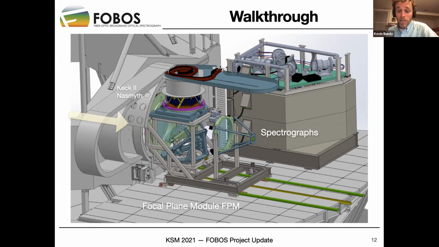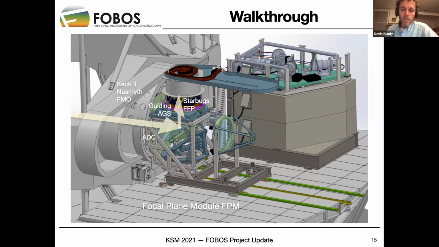You can see that they're really close together. That allows us to have a short fiber run, which is important for UV transmission with the fibers that are available on the market. So light's coming in from the Keck Naismith focus. It hits first an ADC. The first two elements of the ADC, atmospheric dispersion corrector, are actually mounted inside the Naismith barrel.